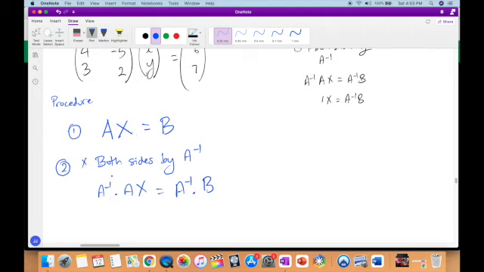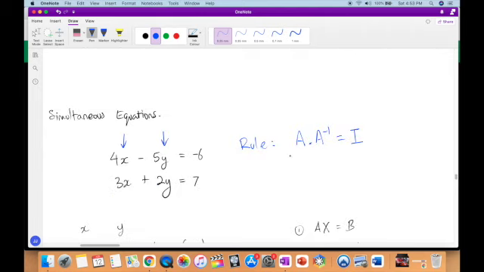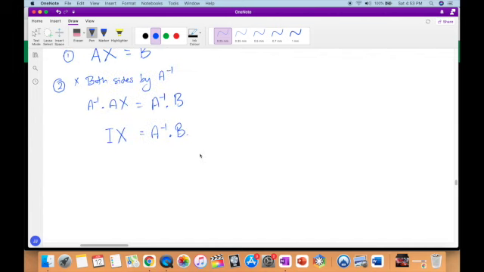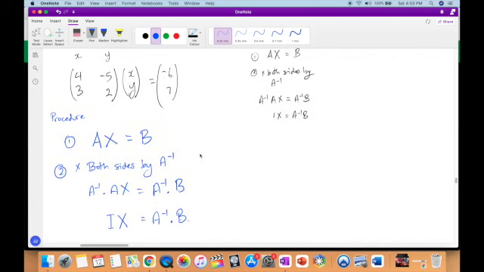You know the rule: A times A inverse is I. So the A's will cancel off here, and you'll just get I. I multiplied by anything is itself. You could think about I as 1. So essentially what we did was we got rid of the matrix from this side, and X is A inverse times B. Once you work out what A inverse times B is, you will have your answer.